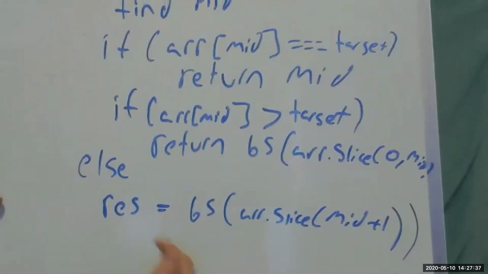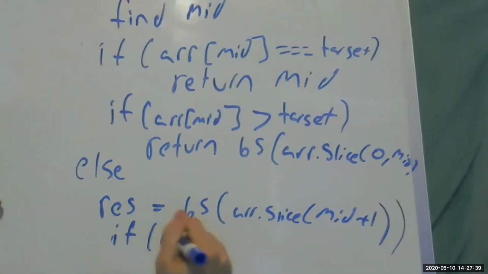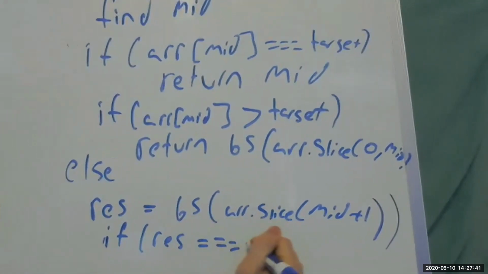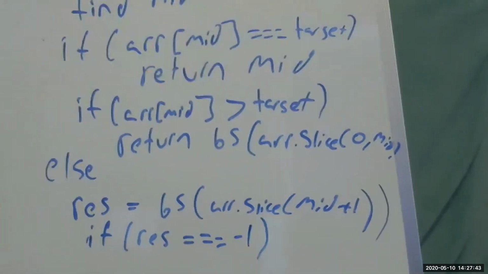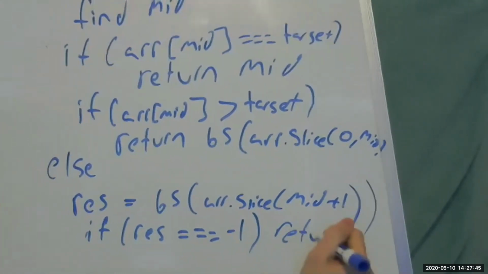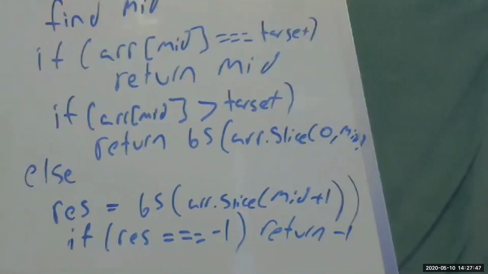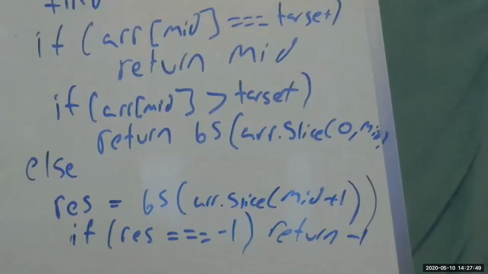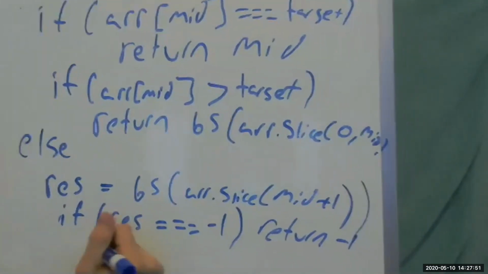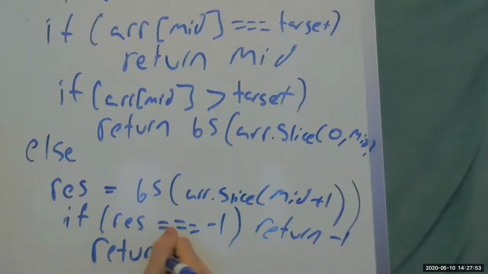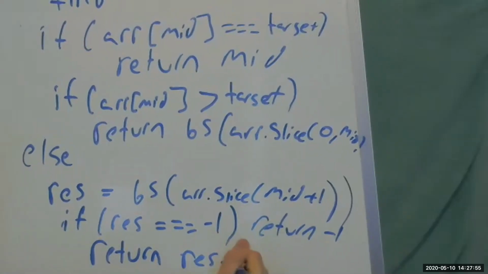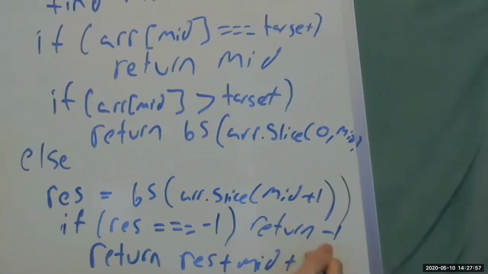If this response, if res, is equal to -1, we know we didn't find it, so we can just keep returning -1. Otherwise, we need to return our res plus our mid plus 1.